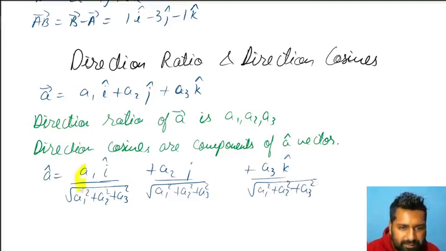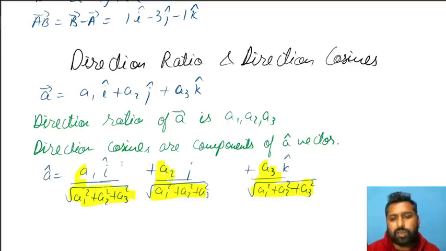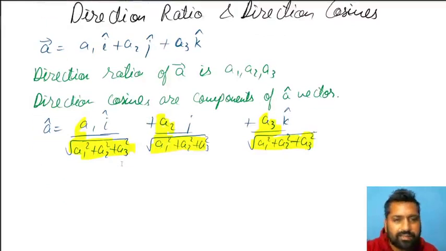These components are called direction cosines. That's it. Now if you want to learn this as a formula, your call. I don't think you are supposed to learn that. You just convert any vector to a unit vector and look at its component. That's direction cosine.